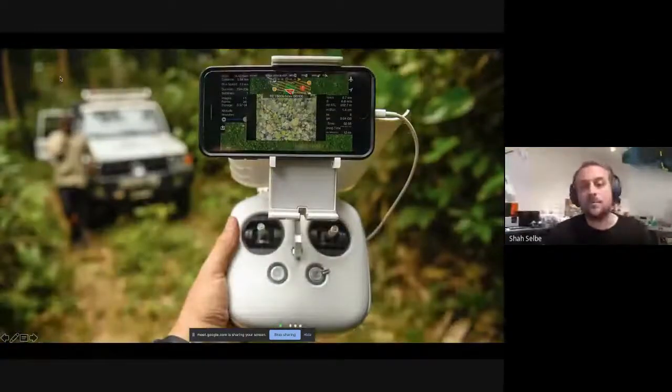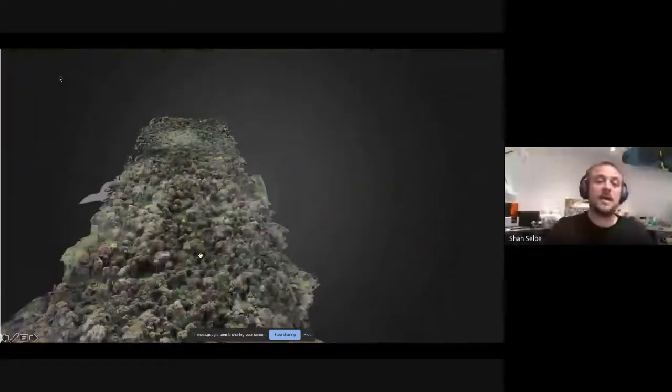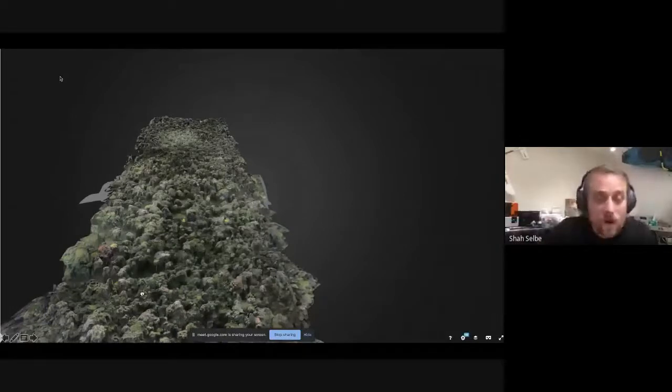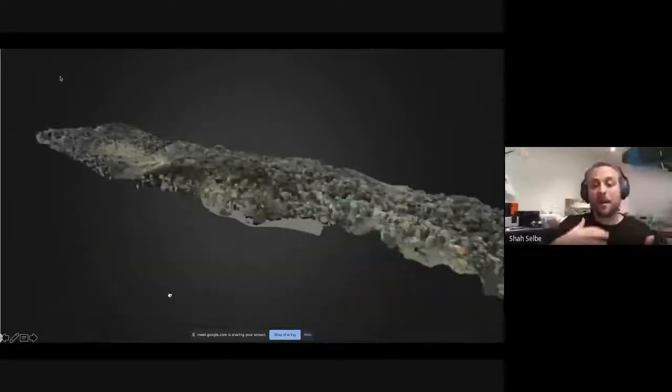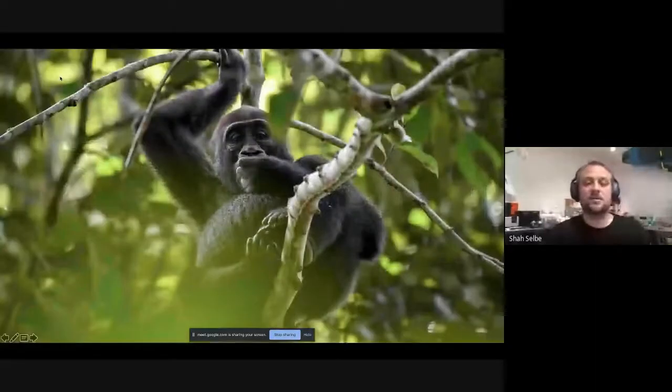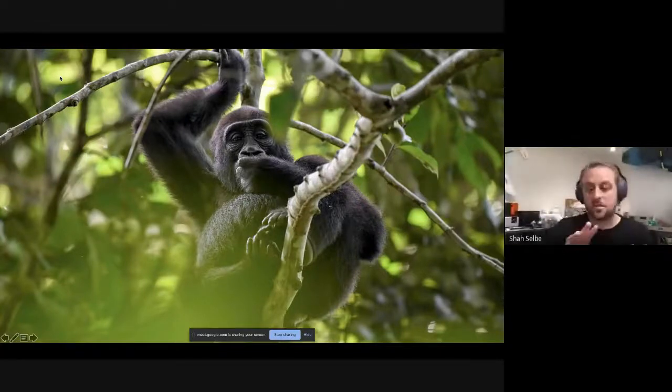So I came in to map the forest because we knew the gorillas were very interested in this specific type of tree. So we mapped it in 3D, and then we worked on trying to build some models to identify where those trees were, so that they can be a little bit better about where they're placing these cameras and doing these sorts of things. So that's something that we have an ongoing project with, and we're evolving one of our field kit projects to support, which I'll talk about in a little bit.